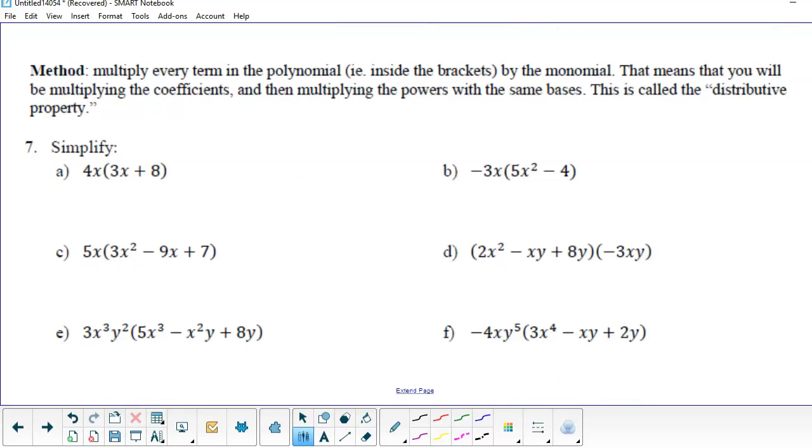So let's practice. Okay, so 4x, so remember that's an exponent of 1, exponent of 1. So 4x times 3x is 12x squared plus 4 times 8 is 32x.